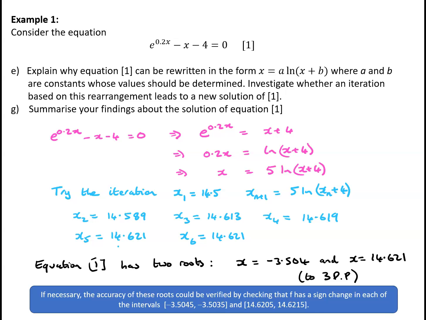And similarly, I can check that there's a sign change in the continuous function between 14.6205 and 14.6215, which will ensure that I've got a root which is 14.621, correct to 3 decimal places.